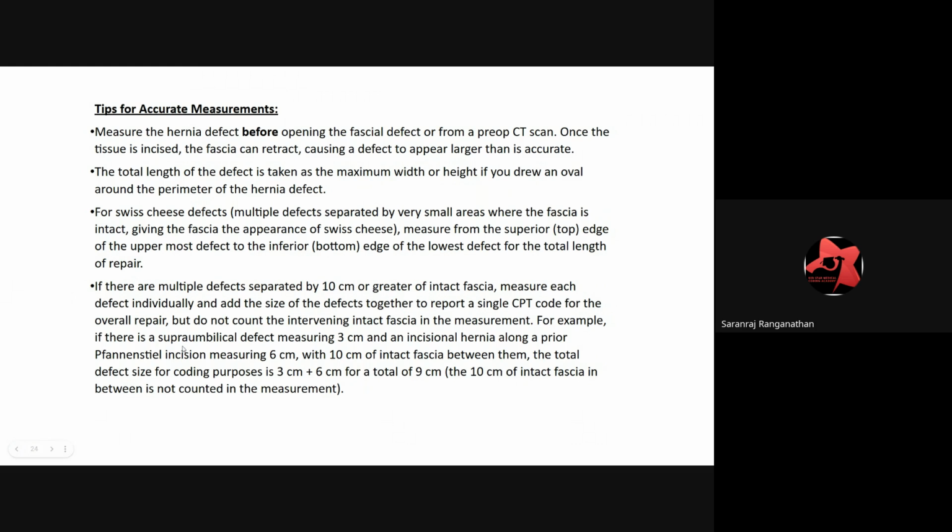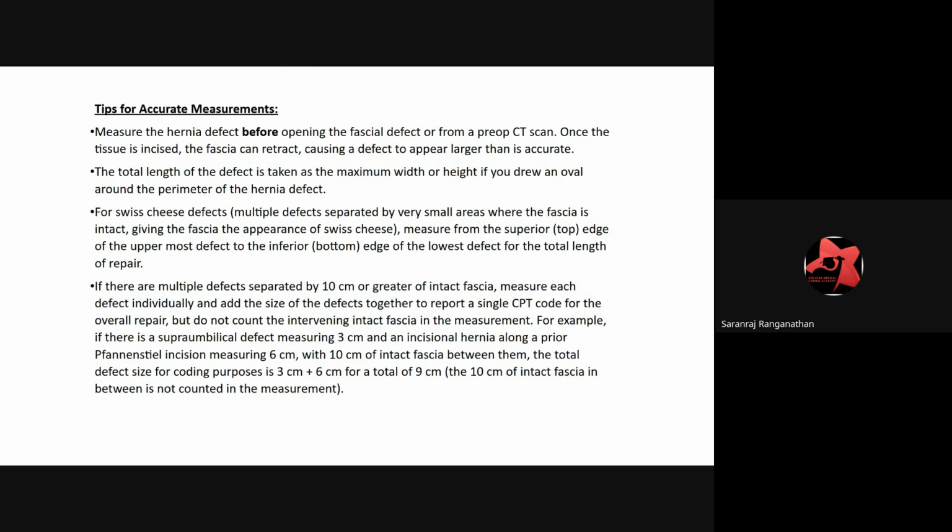For example, if there is a supraumbilical defect of 3 centimeters and an incisional hernia along the prior paramedian incision measuring 6 centimeters, with 10 centimeters of intact fascia between them, the total defect for coding purposes is 3 plus 6 centimeters, for a total of 9 centimeters, because there is a 10 centimeter gap in between.